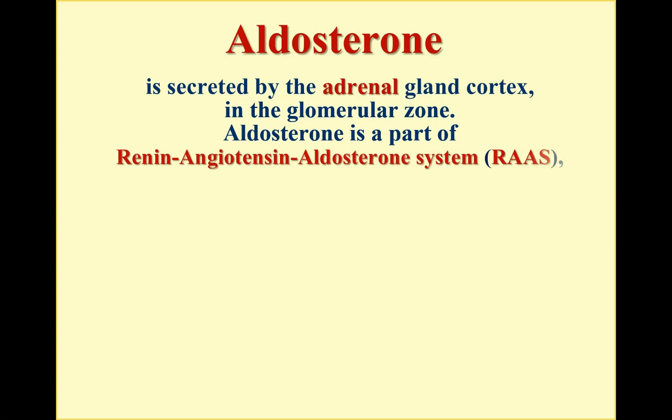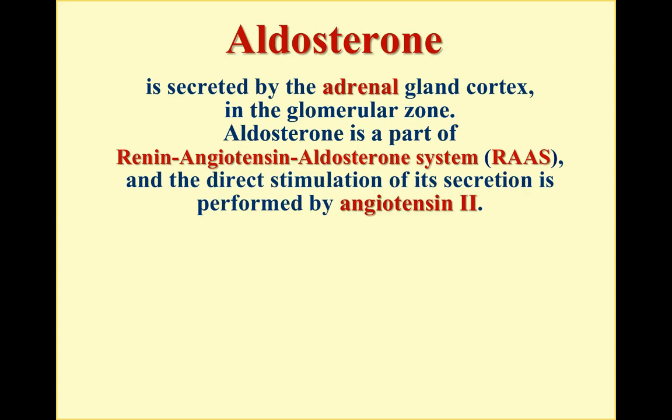That is abbreviated RAAS, but the total name is Renin-Angiotensin-Aldosterone System. As you see, aldosterone comes after angiotensin, so the immediate stimulating factor for aldosterone secretion is angiotensin.